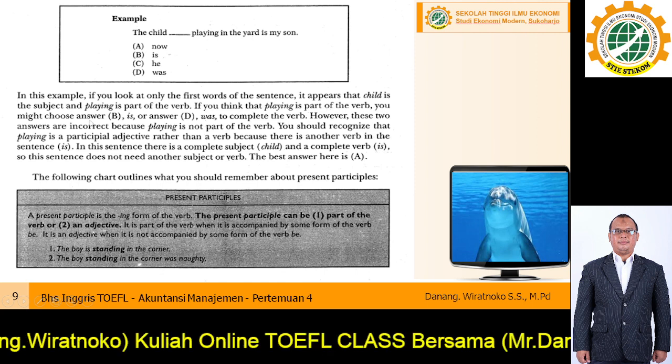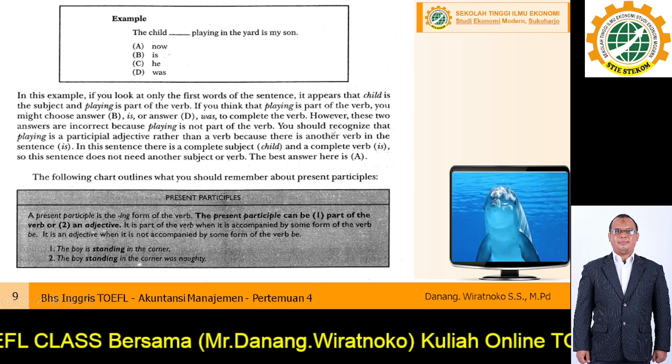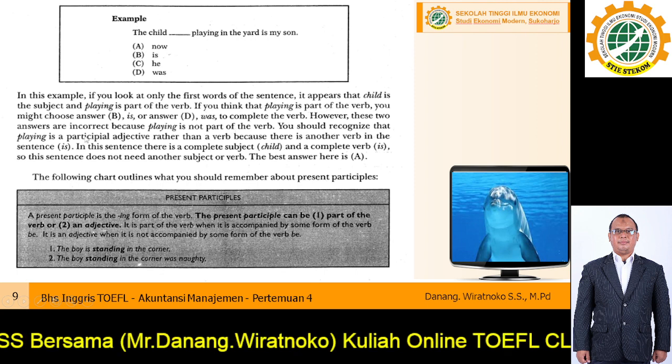So choose answer B, is, or answer D, was, to complete the verb. However, these two answers are incorrect because playing is not part of the verb. You should recognize that playing is a participial adjective rather than a verb because there is another verb in the sentence, is.